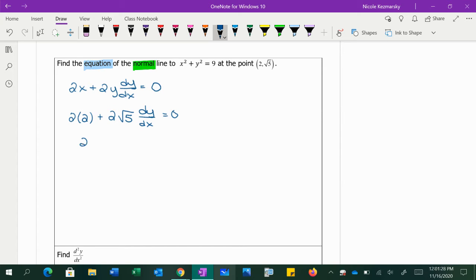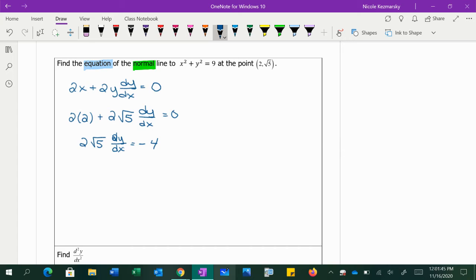And so then subtracting 4, we've got 2 square root of 5 dy/dx. So the -4 is going to the other side, because 2 times 2 is 4, and we're subtracting it.